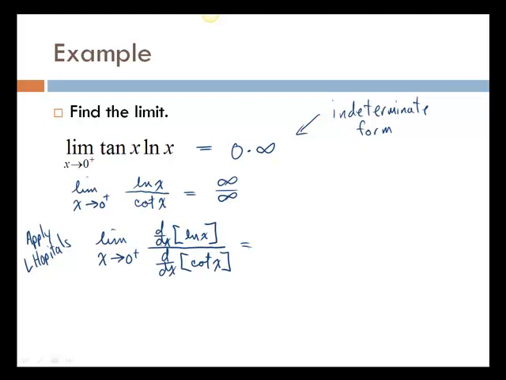So the derivative of natural log of x is pretty easy. That's 1 over x. So we get the limit as x approaches 0 from the right of 1 over x all over the derivative of cotangent. The derivative of tangent is secant squared, so this is going to be negative cosecant squared x.